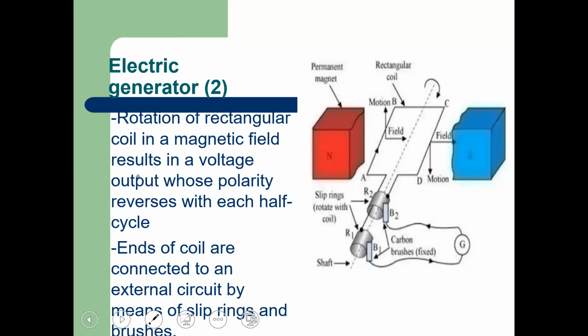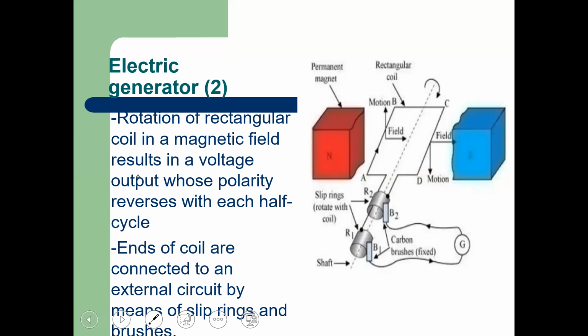For you to have induced EMF, the magnetic field must be changing. And a trick to have a change in magnetic field is for you to turn the armature around. By turning the armature around, it will be experiencing variation in magnetic field.